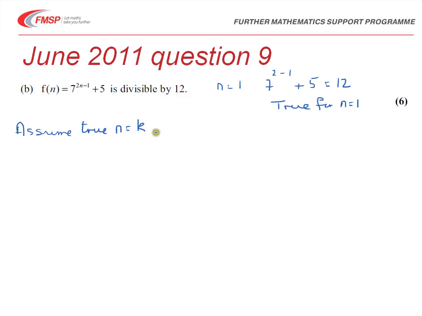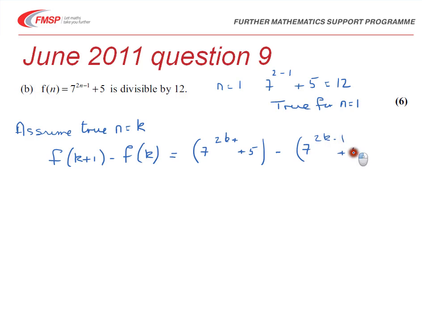Now the first method involves taking f of k plus 1 and subtracting f of k. And therefore we will get 7 to the power 2k plus 1 plus 5, minus 7 to the 2k minus 1 plus 5.